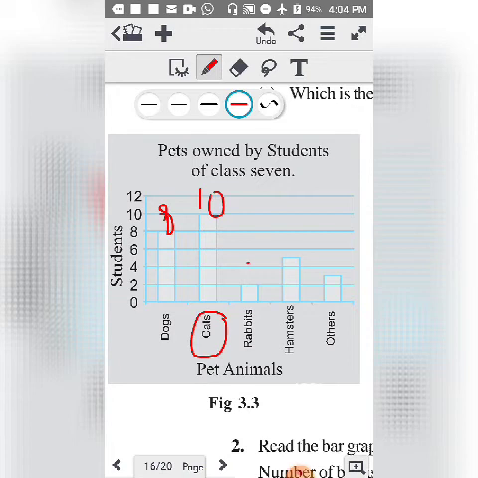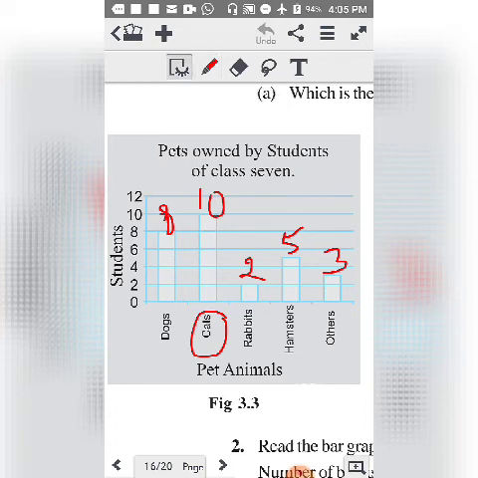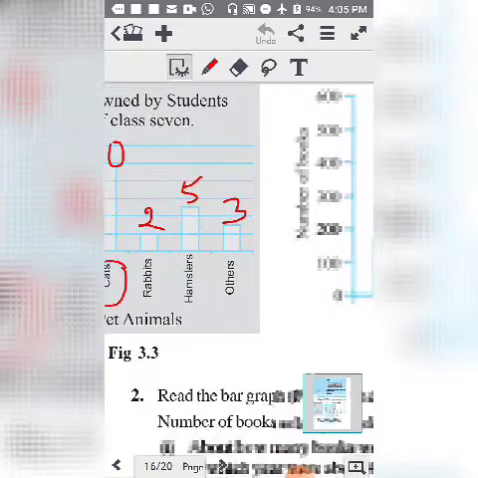Rabbits, 2 children are having. Then hamsters, between 4 and 6, so the number is 5 children are having. Other pets are 3. So which animal is most popular? We can see it is cat.